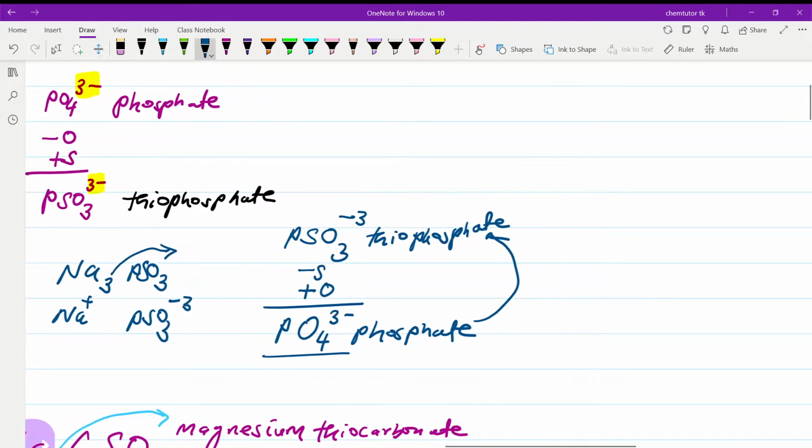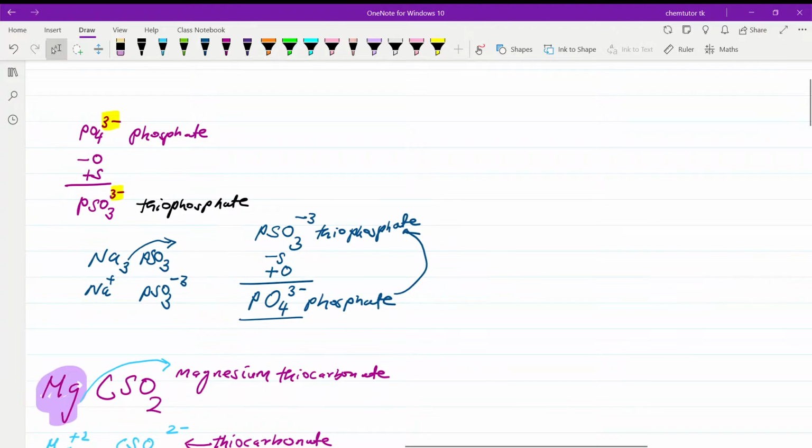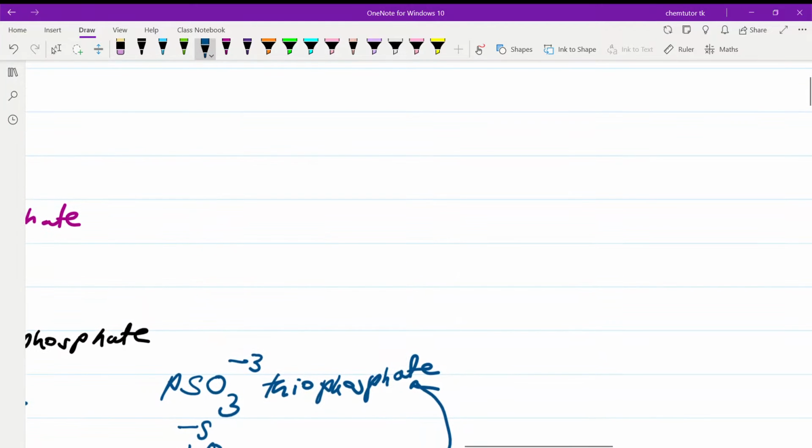Now I will give another one without giving the parent ion. We will try that one. Look at this compound. Okay, now it is confusing. Which one is this compound?